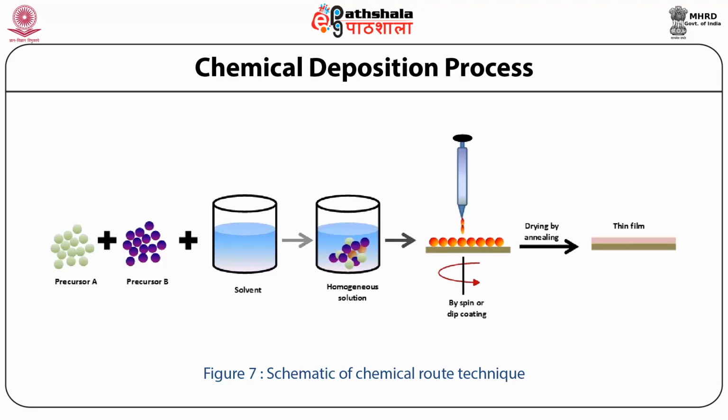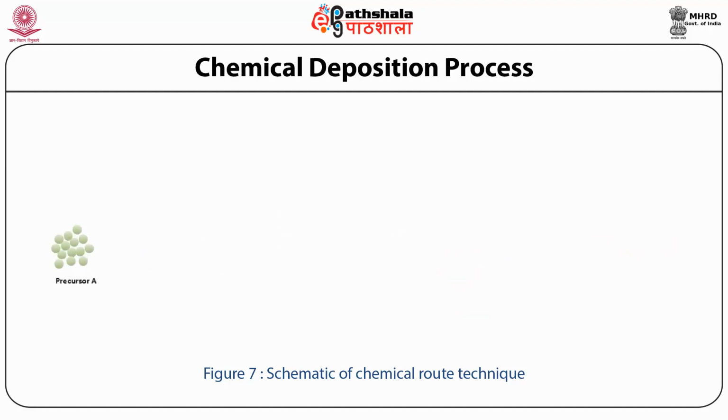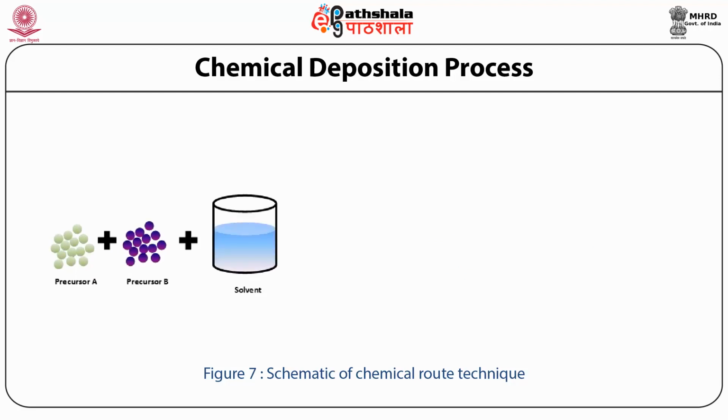Now, this homogeneous solution is converted into thin film form by either the spin coating or the dip coating method, in which we put a drop over the substrate and it gets spun by the spin coater machine, or by dipping the substrate into the solution and taking it out. After getting the film on the substrate, we get the final form of the crystalline thin film by drying or by annealing the obtained amorphous thin film.